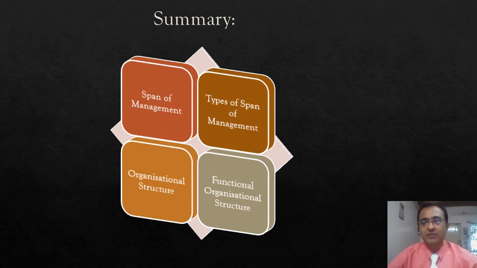What kind of structure this is, how departments are created, on what basis the departments would be created in the functional organizational structure, which is popularly known as FOS, that we have discussed today.